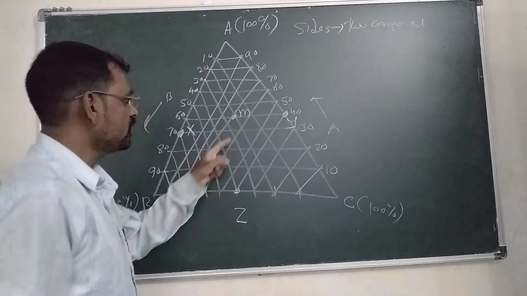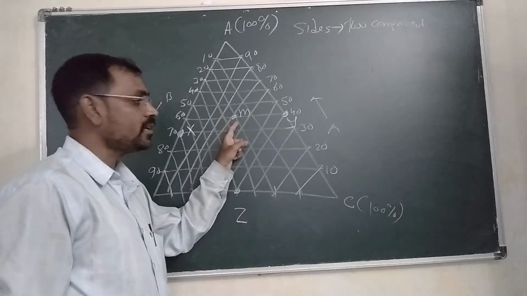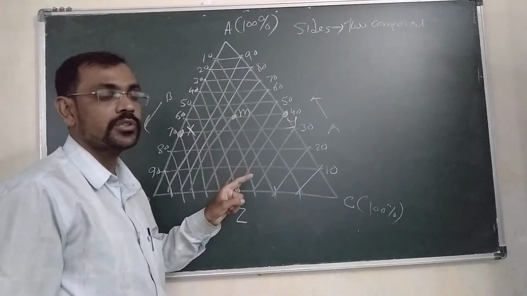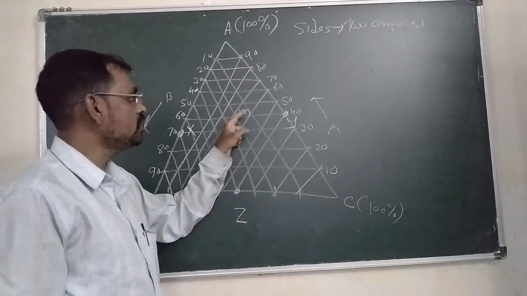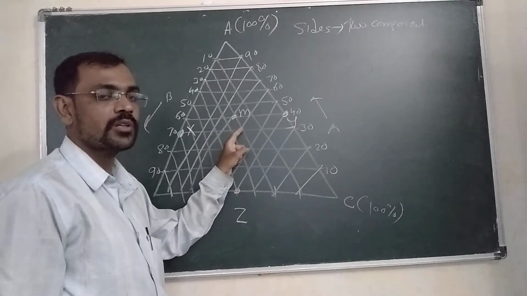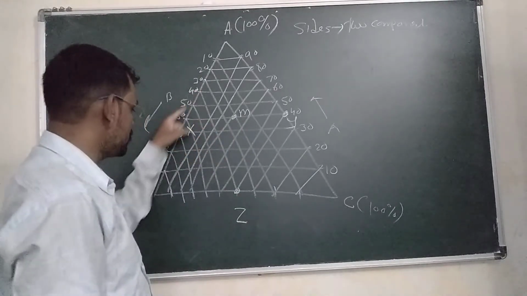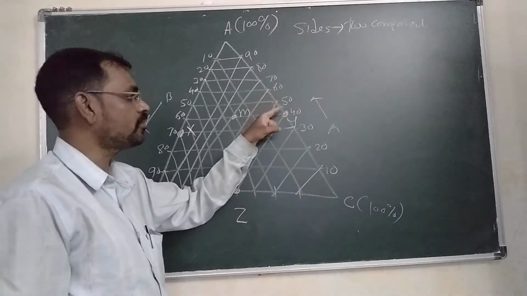The point which is lying inside this triangle gives the composition of the three phases, but the point which is lying on the line represents the composition of the two phases.